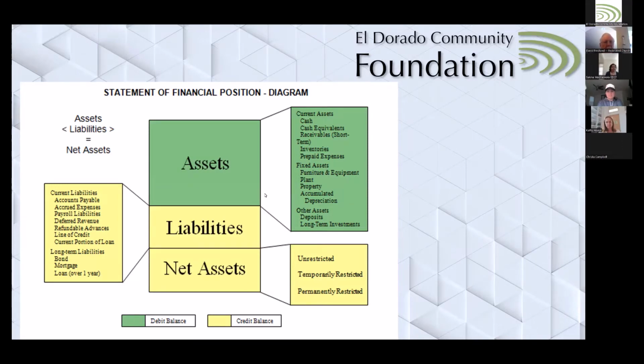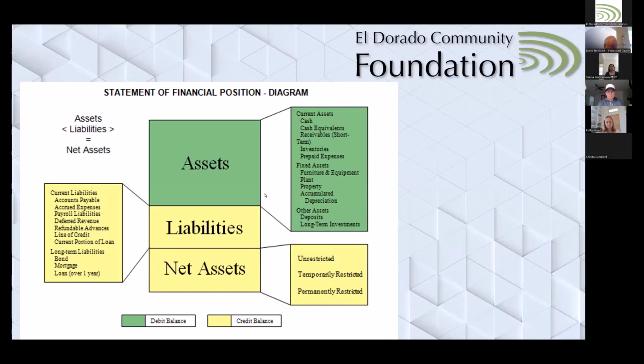The second bit is the liabilities. If you have any accounts payable, you've got to pay the vendors on time. You've got payroll liabilities, any credit cards that the organization uses, any mortgages or loans, that would come under liabilities. And your net assets are your assets minus your liabilities.